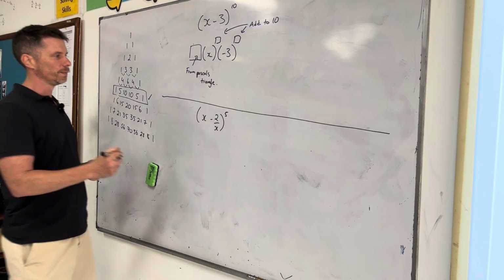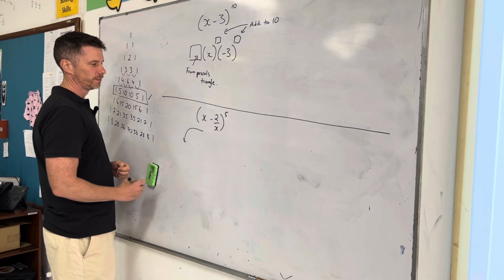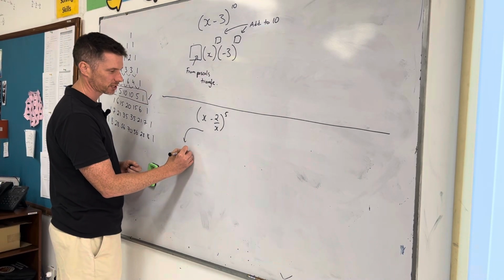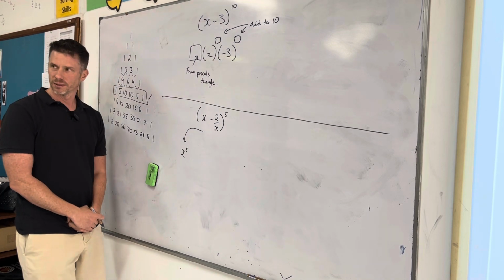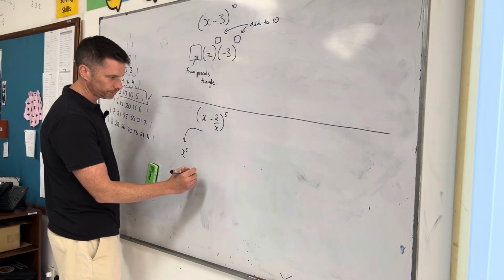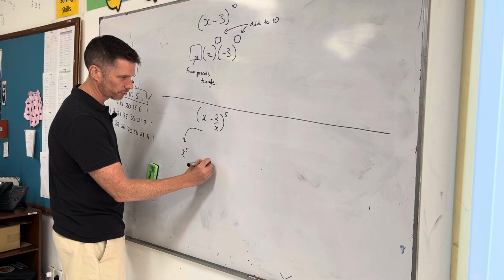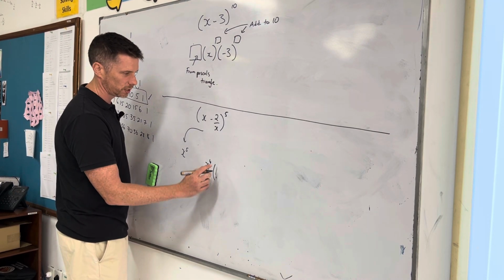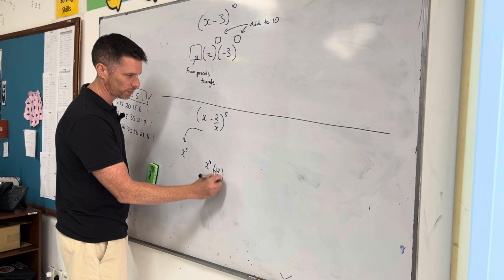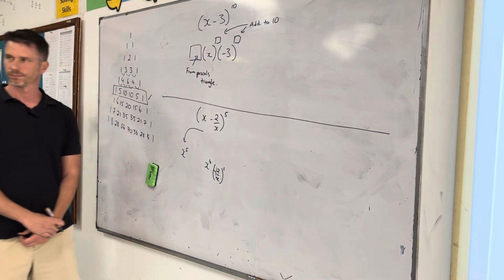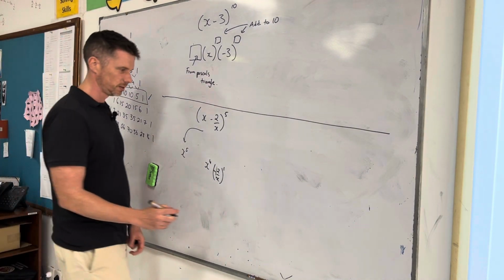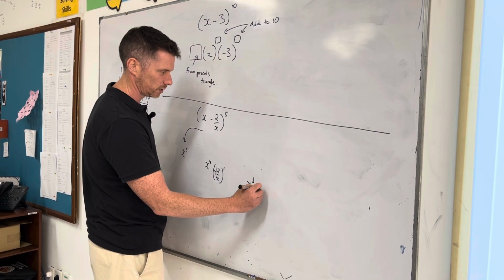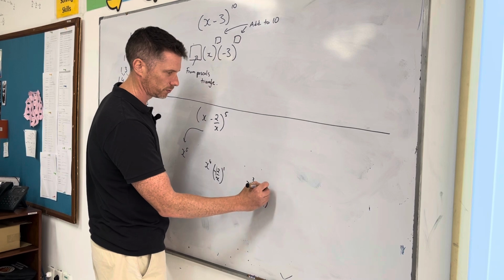I want each term. The first term is just going to be x to the power of 5. I know that the next term is going to be x to the power of 4. But it'll also have -2 over x to the power of 1 in it. The next term will be x to the power of 3, but it'll have -2 over x to the power of 2 in it.